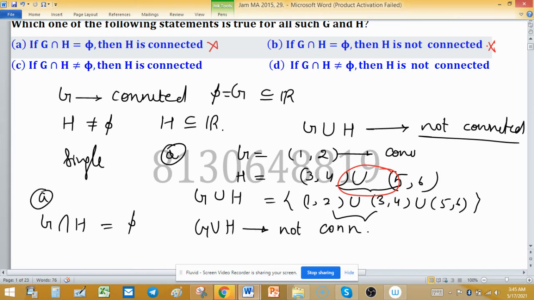Or particularly, you can take G and H as singleton sets. Suppose G is the singleton set {1} and H is another set {2}.